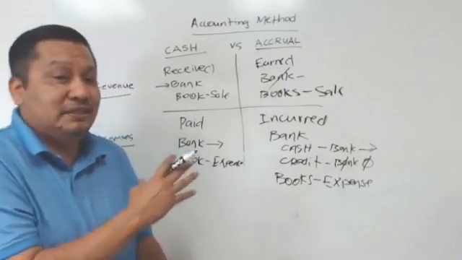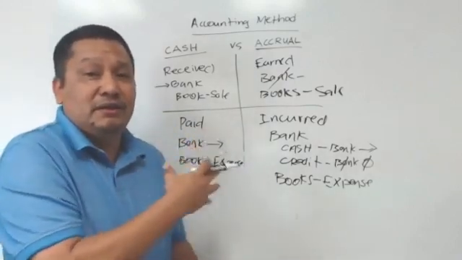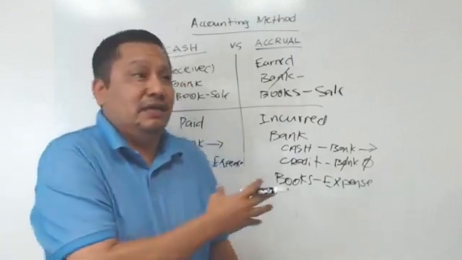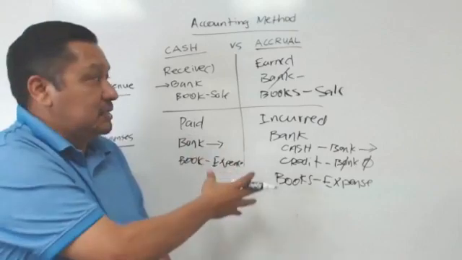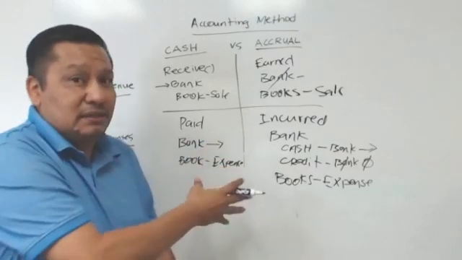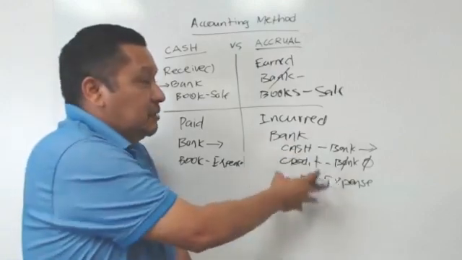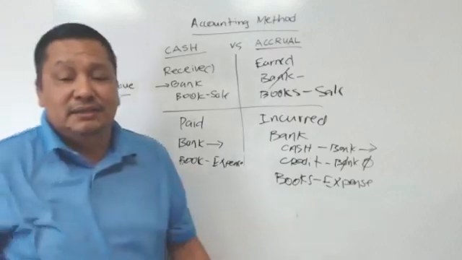So it's very important to get this right. Ask your accountant what accounting method you're using, and make sure that it at least follows this structure. If you're selling on credit but you're using the cash basis, something's wrong, right?